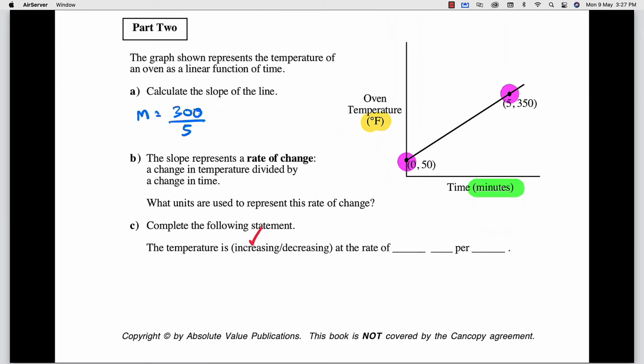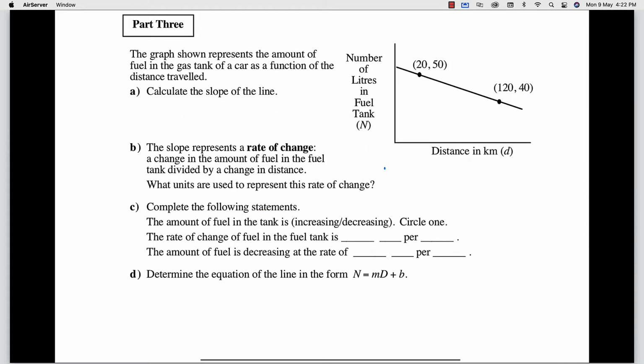So in this case, if I simplify this down, the slope is equal to 60. So 60 what? 60 degrees Fahrenheit per minute. So the oven increases 60 degrees every minute, at a rate of 60 degrees Fahrenheit per minute.